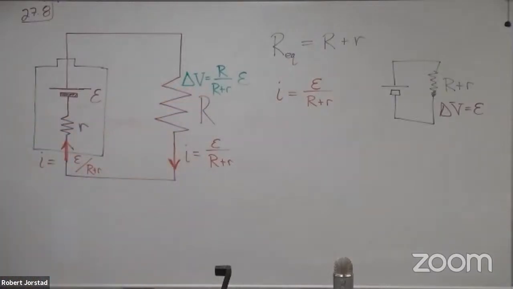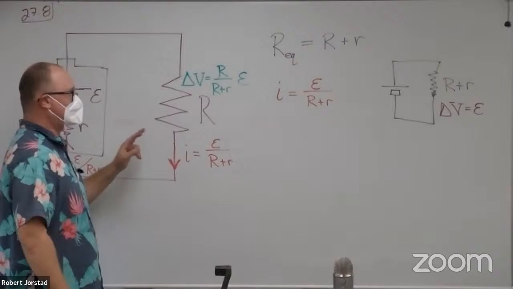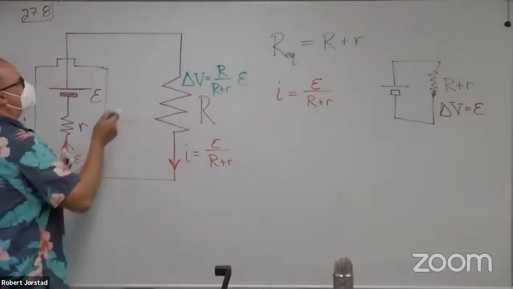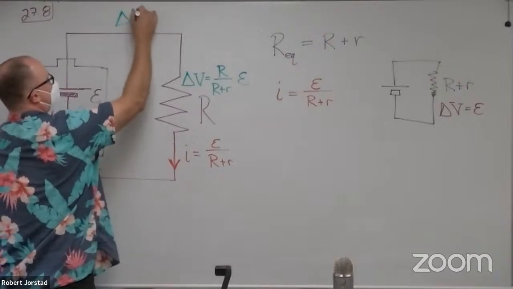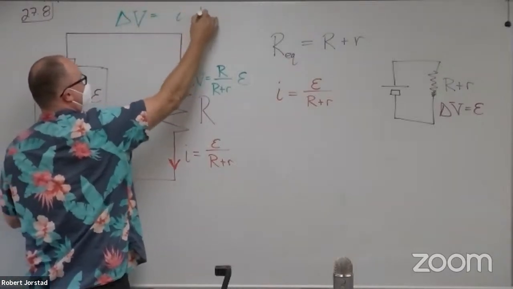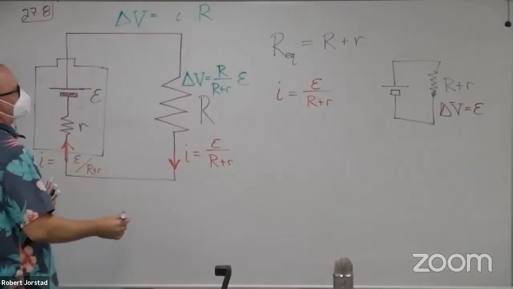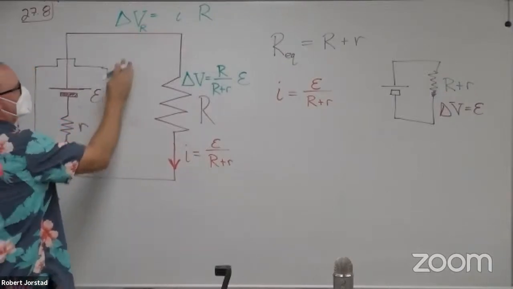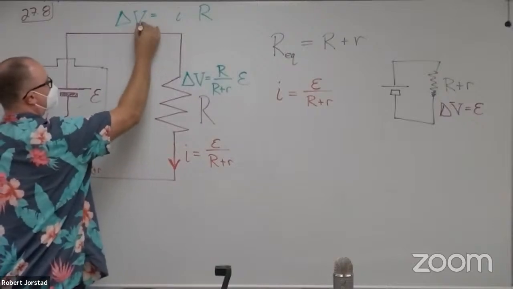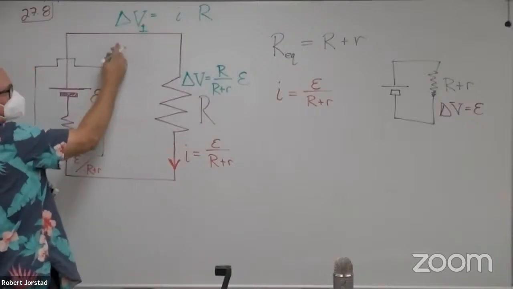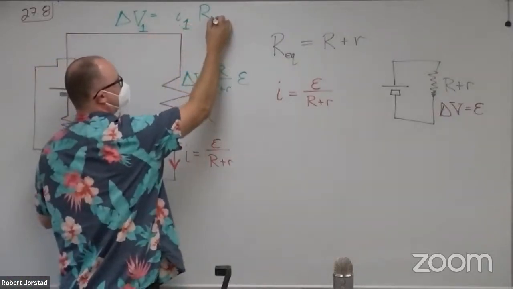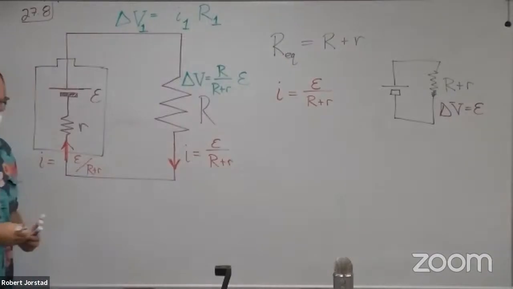All right. So in this case, here's something people forget, right? When you're using this equation, delta V equals IR, I want you to remember that the voltage across one particular resistor, how about I call this V1? The voltage across resistor 1 is the current through resistor 1 times the resistance of resistor 1.